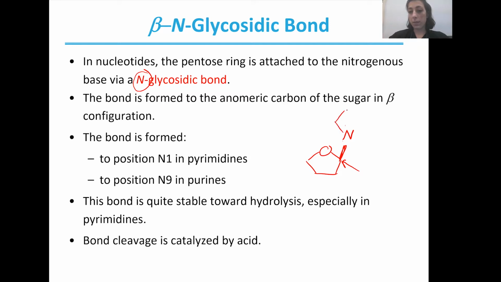So whatever that base may be, this nitrogen highlighted in either the purine or pyrimidine is the part that is actually attaching to the anomeric carbon on the sugar.